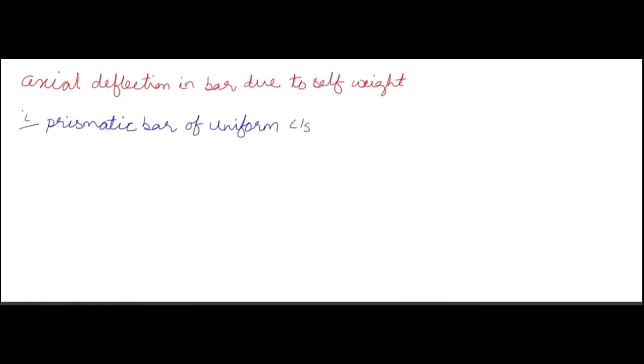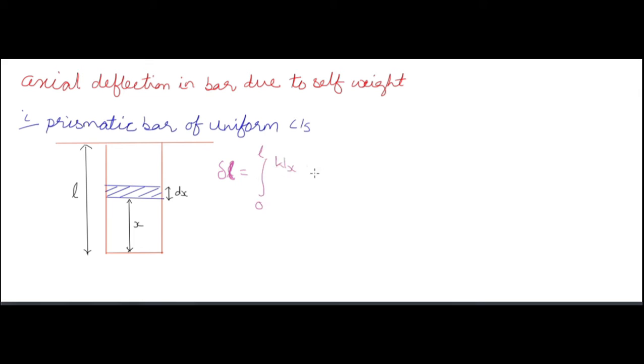So axial deflection in a bar due to self weight. This is shown first as a prismatic bar of uniform cross section, and in this, what will be the elongation due to self weight. So delta L is equal to Wx into dx by AE. So Wx is the weight at x distance.